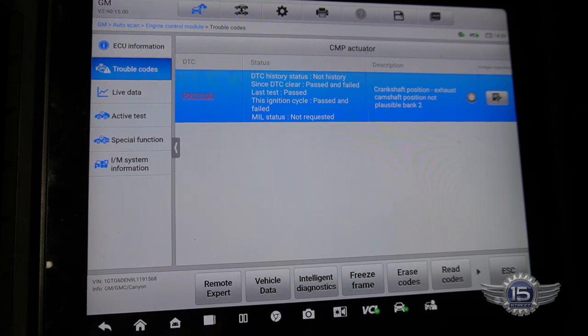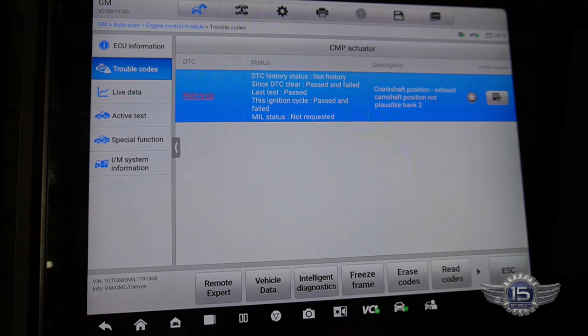But let's look up the code criteria for that P0018 and P0019, figure out how much variation we're allowed before it sets the code, and then we'll go road test this thing watching those PIDs.